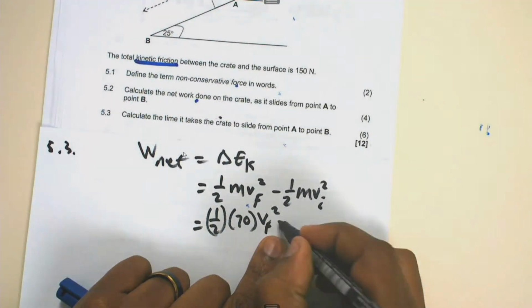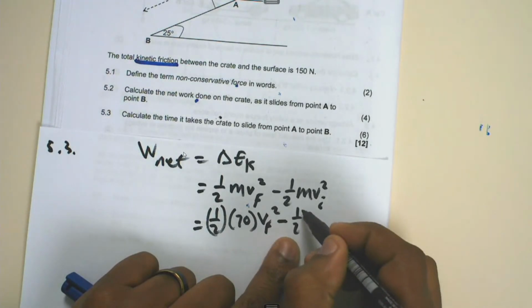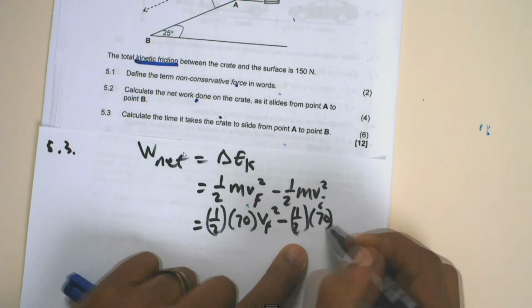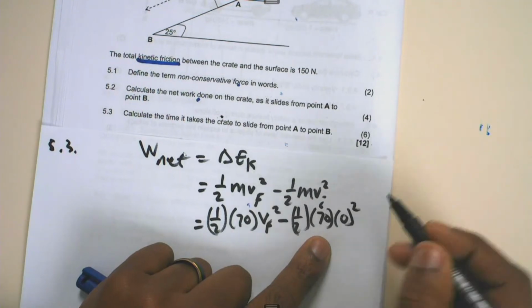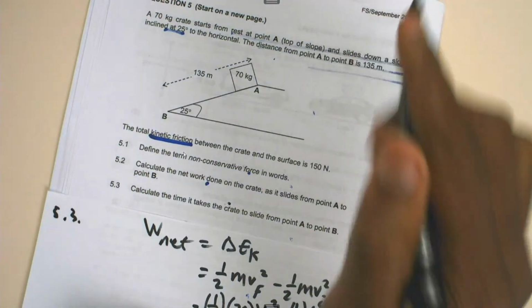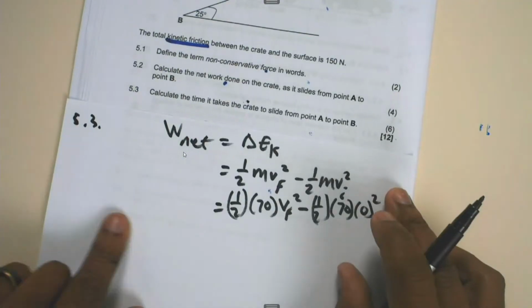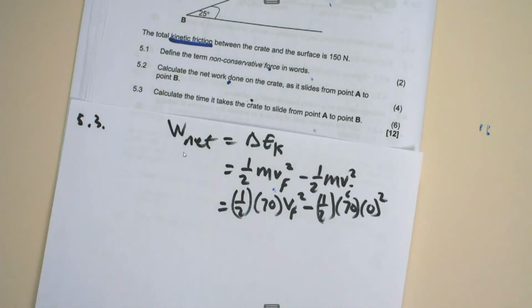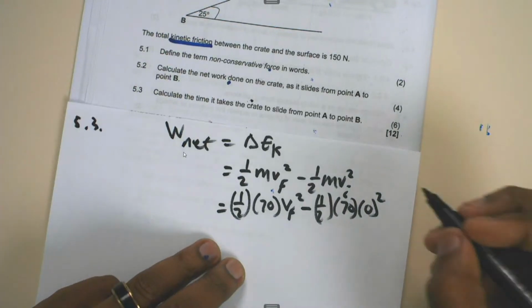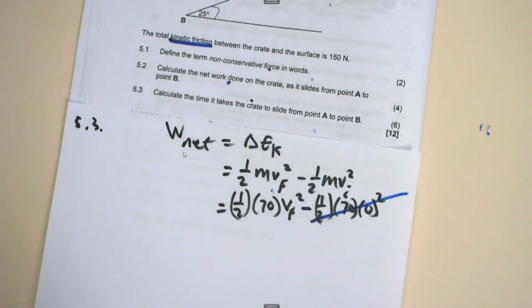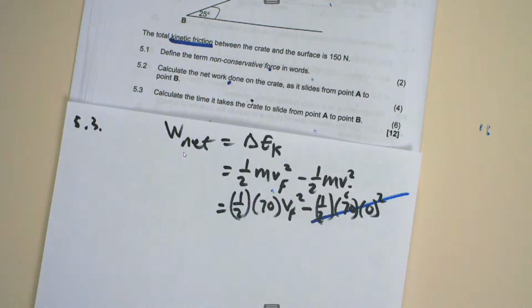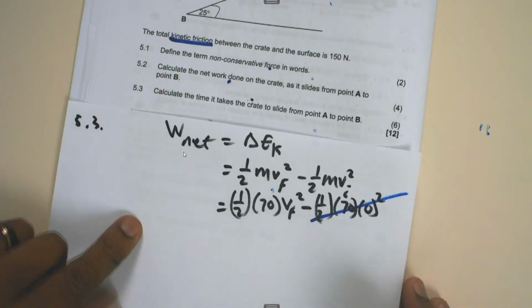But what I know is I have half times 70 multiplied by 0 squared. That information was given. It started from rest. So already I am able to say this one should fall off, because everything multiplied by 0 is 0.